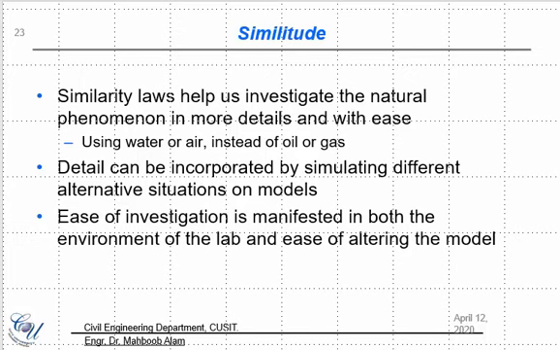You just then go for a large scale production of the prototype once everything is done. But before you construct a prototype, your model should be able to give you all the results. So similarity laws help us investigate the natural phenomena in more detail and with ease.